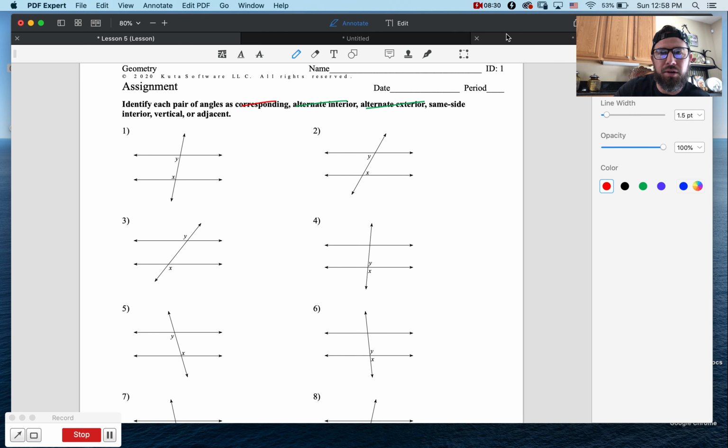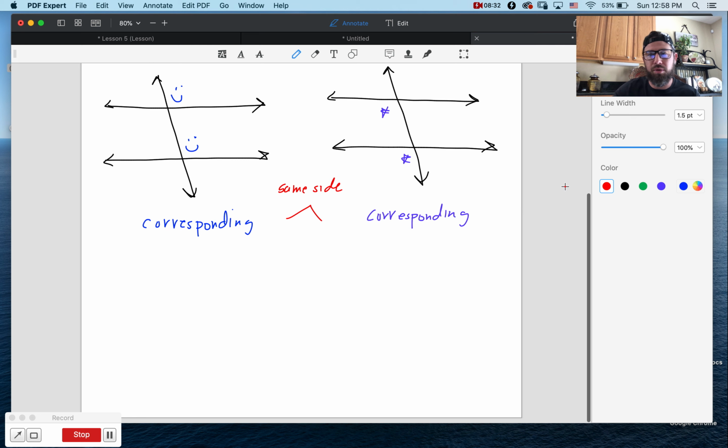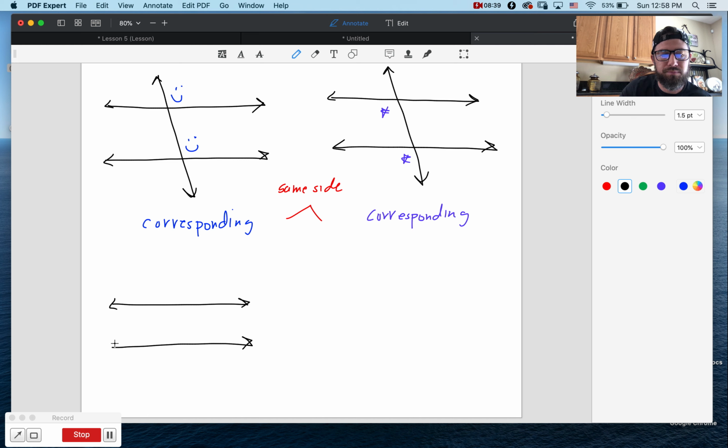Same side interior. You kids can figure this out probably pretty easily. Same side interior. So we know that they need to be on the same side of the transversal.